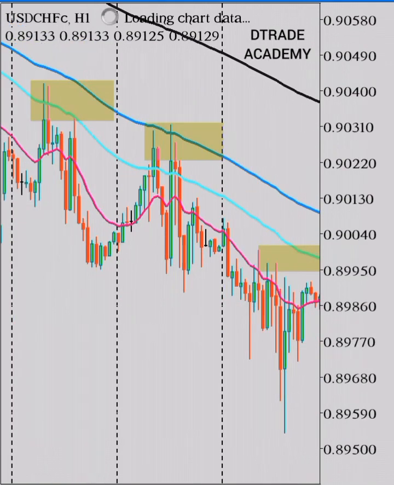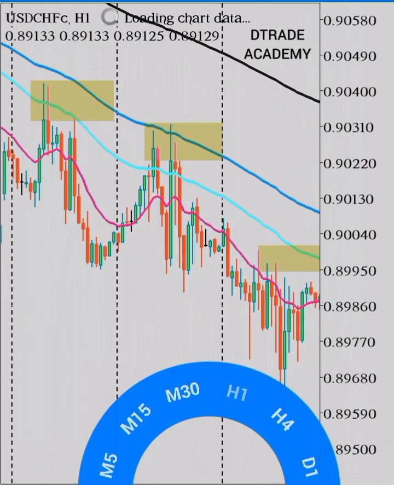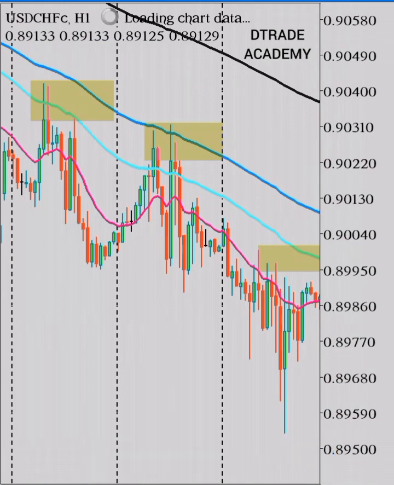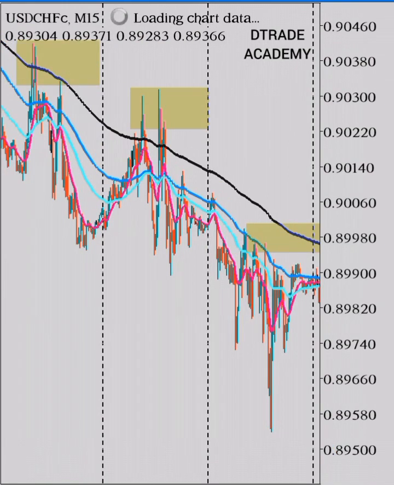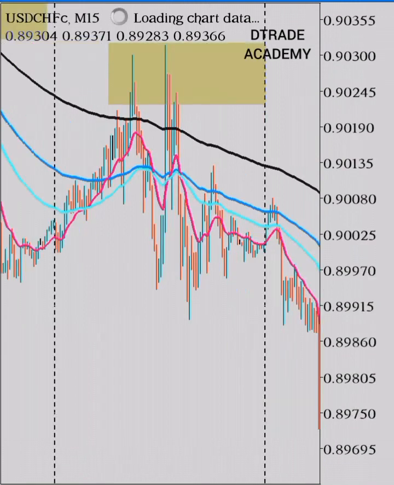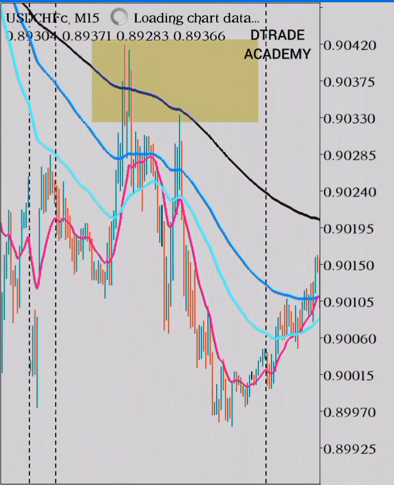So how do we pick trades? We now have to go to our 15-minute time frame. When you're on your 15-minute time frame, all you need is something called a double top, since we are in a downtrend, or relative equal tops.